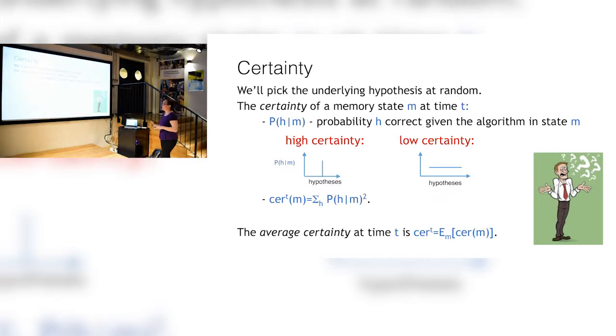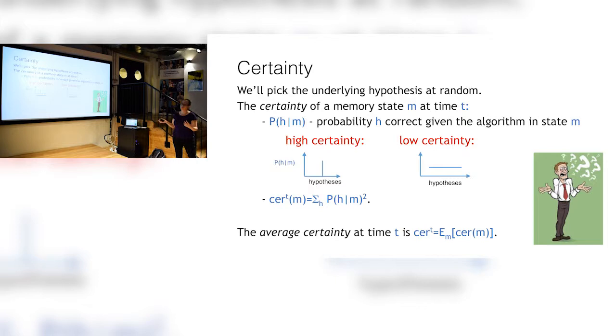If the memory state is completely certain of its answer, and knows that the correct hypothesis is the first one, what is this probability distribution going to look like? In this case, we will have a delta function, because the probability of the first hypothesis is going to be very high and all the rest is going to be small.